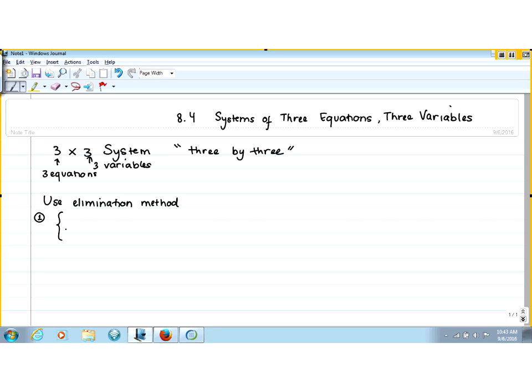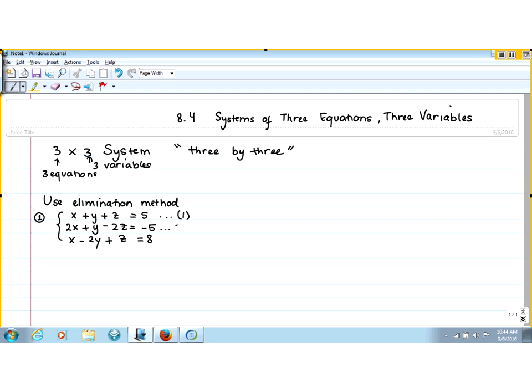For example, x plus y plus z is 5, and then 2x plus y minus 2z is equal to negative 5, and x minus 2y plus z is equal to 8. This is 3 equations, 3 variables, and we will use the elimination method.